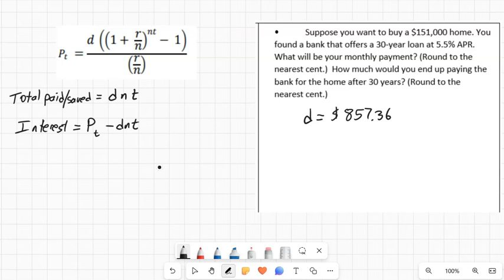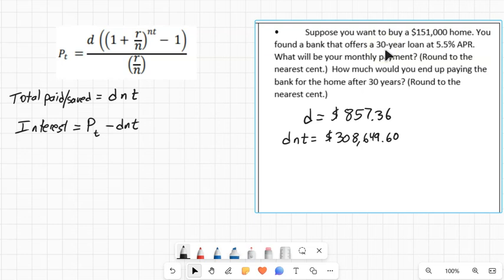And how much you end up paying is the DNT, and that works out to be $308,649.60.